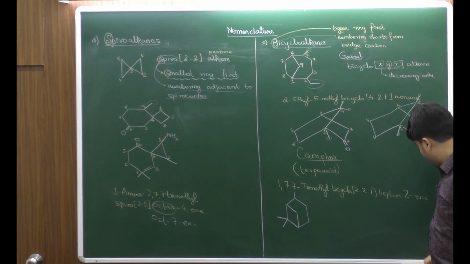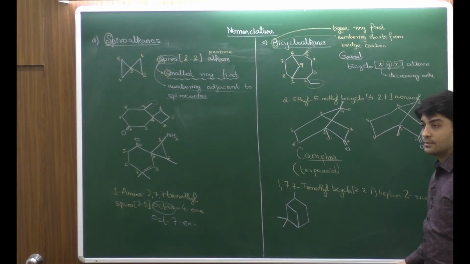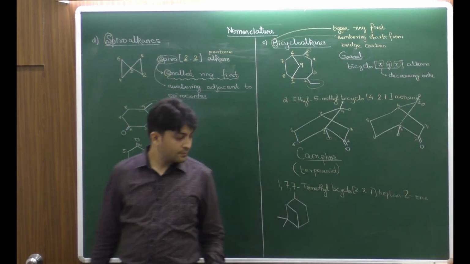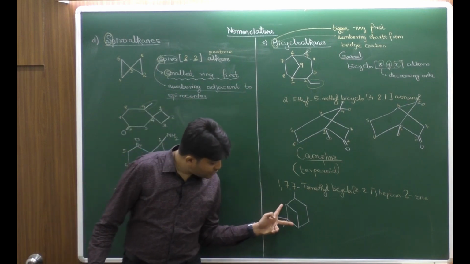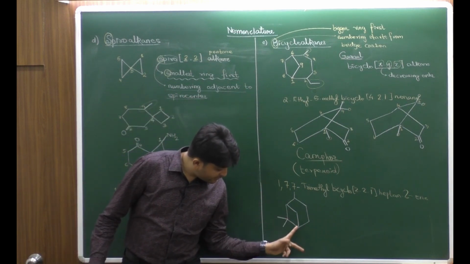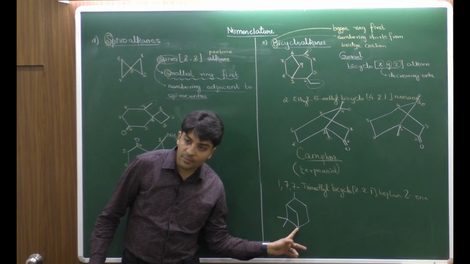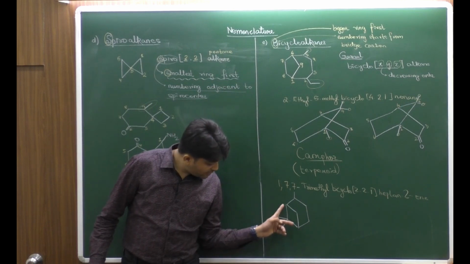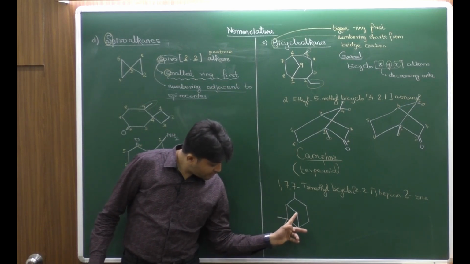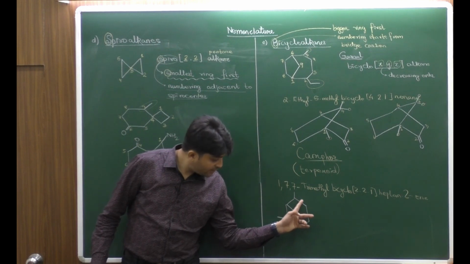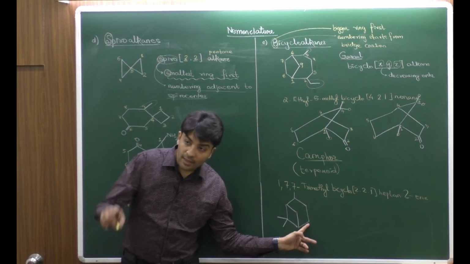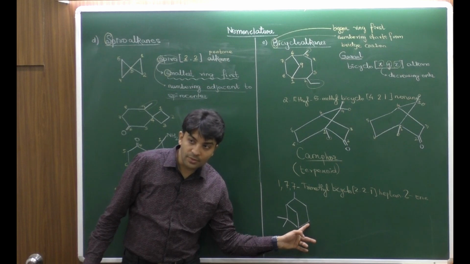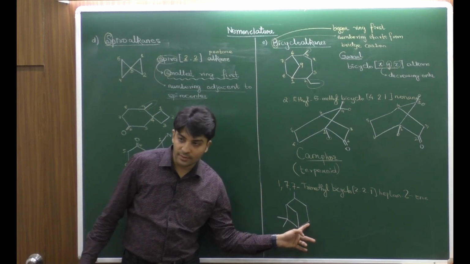Now which would be selected as the bridge carbons? The intermediate. See, the carbons which are joining is this and this. So obviously these are the bridge carbons. Now here the number of carbon in the ring is 1. Here between them is 1 and here between them is 2. Now your doubt जो आपने पूछा कौन सा bridge select होगा.